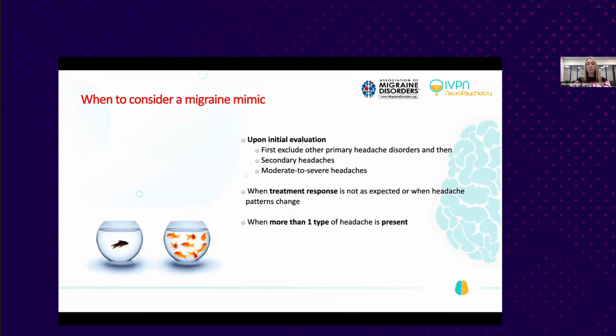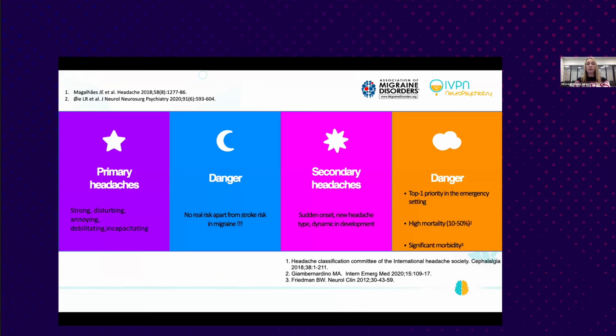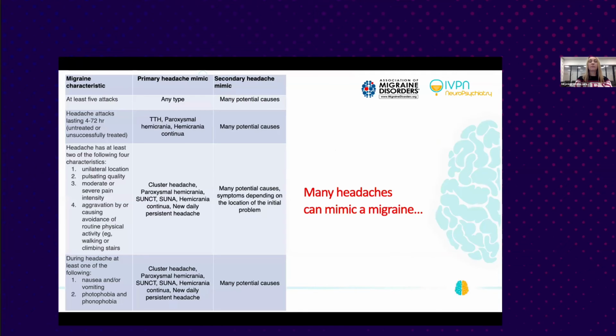When your treatment response in your patient is not as expected or getting worse, and when your patient tells you that there is more than one type of headache that's present. Why is it important? Well, because primary headaches actually do not pose too much of a danger, except from a stroke risk in migraine. But the secondary headaches can have, if unrecognized, a mortality as high as 50%.